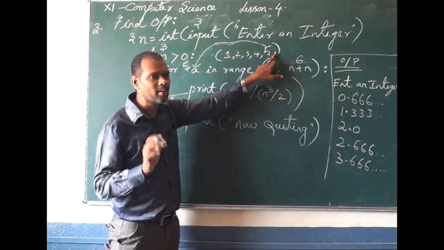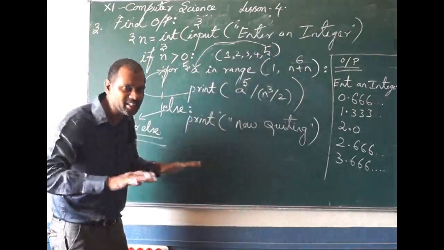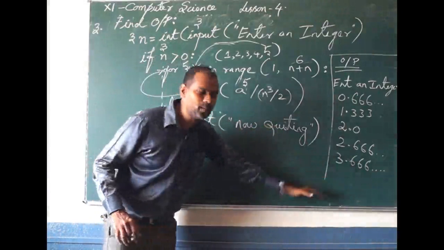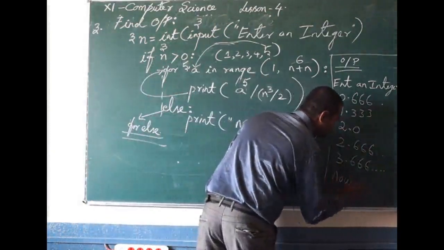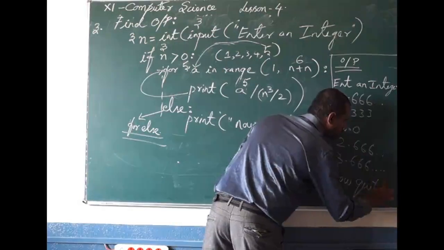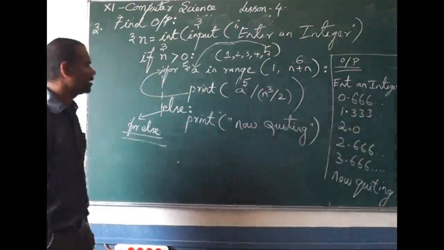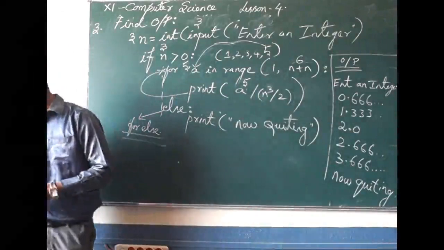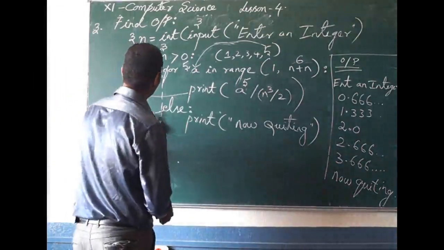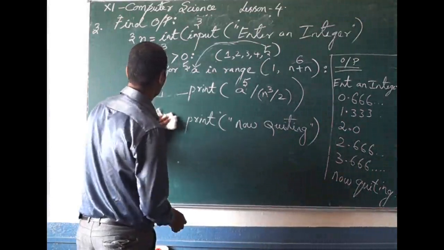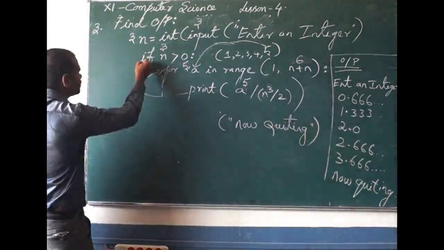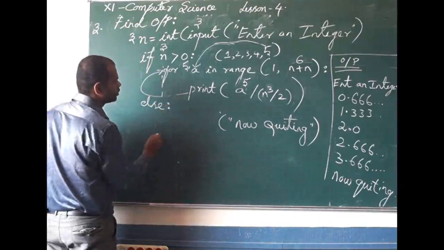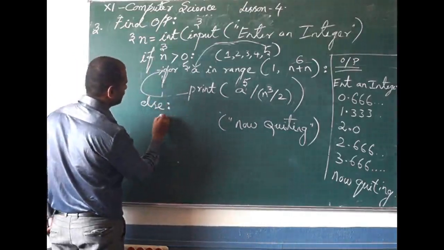When that happens, the for loop is going to finish, and at that time this for else will be executed. So now quitting will be printed.